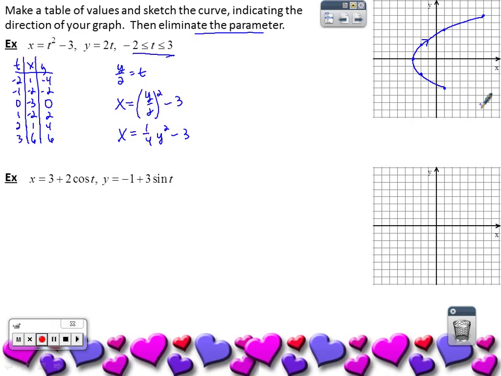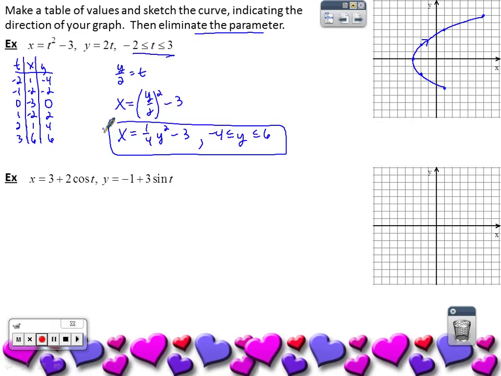So instead, let's restrict the y values so that the y values can't get lower than -4, and can't get higher than 6. That would be a more appropriate restriction. So -4 less than or equal to y less than or equal to 6. And this whole thing would be my equation. Okay?